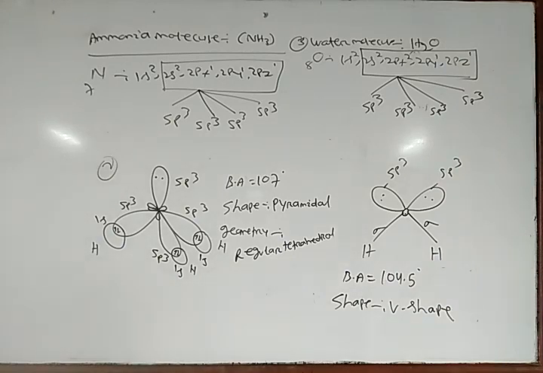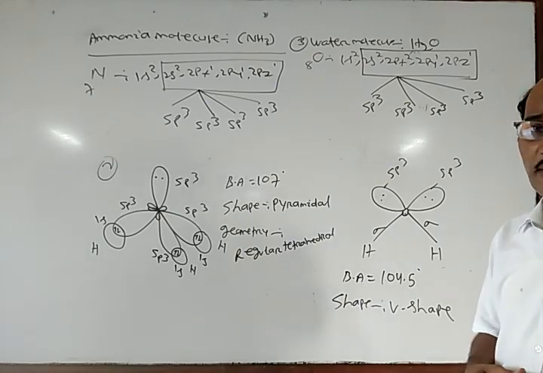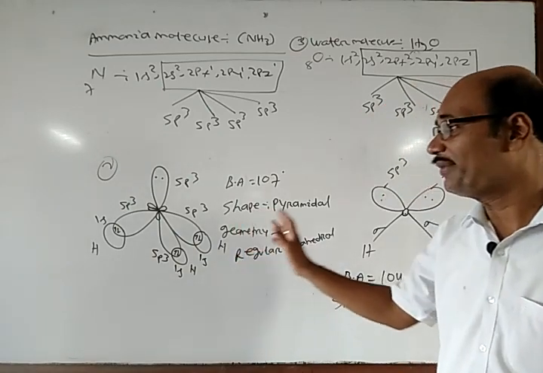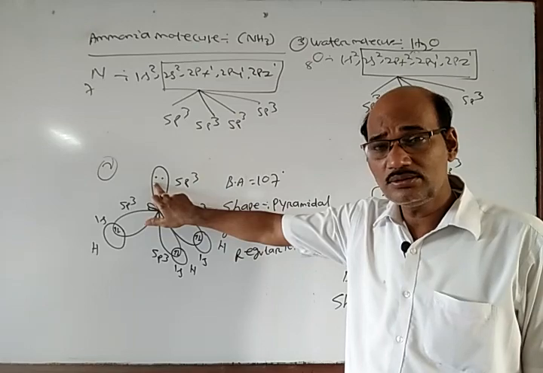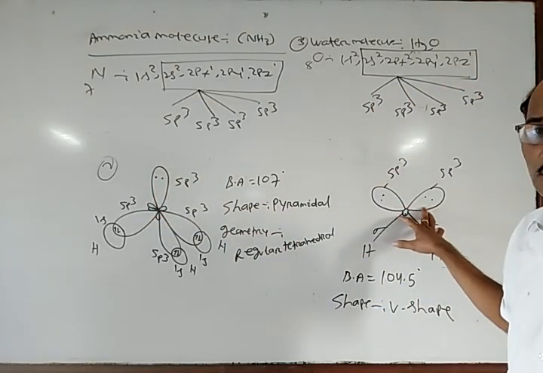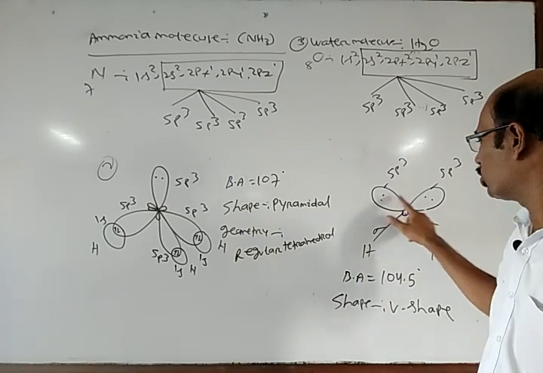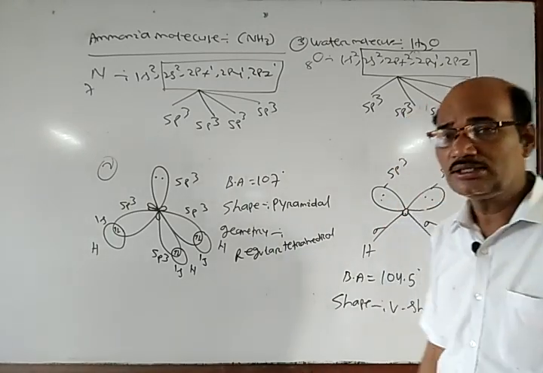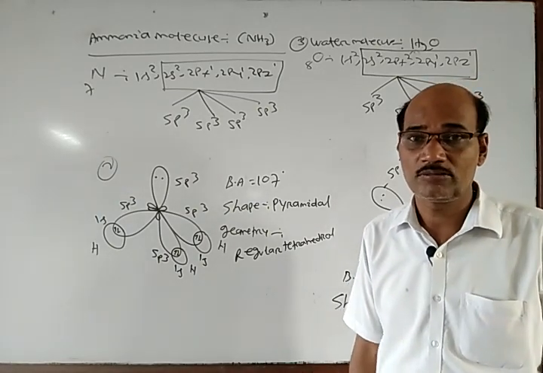So in comparison to ammonia, the bond angle is further reduced and the shape becomes V shape. In both cases the central atom is sp3 hybridized, but in ammonia there is only one lone pair, whereas here we have two lone pairs. So lone pair-lone pair, lone pair-bond pair repulsion will occur. That's why the bond angle is reduced further to 104.5 degree.